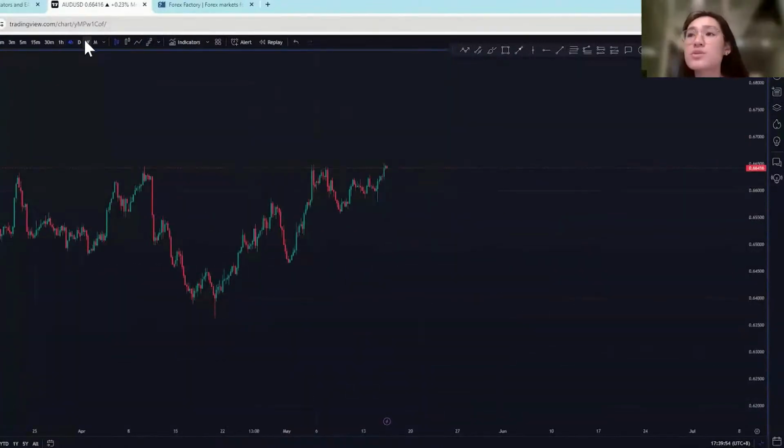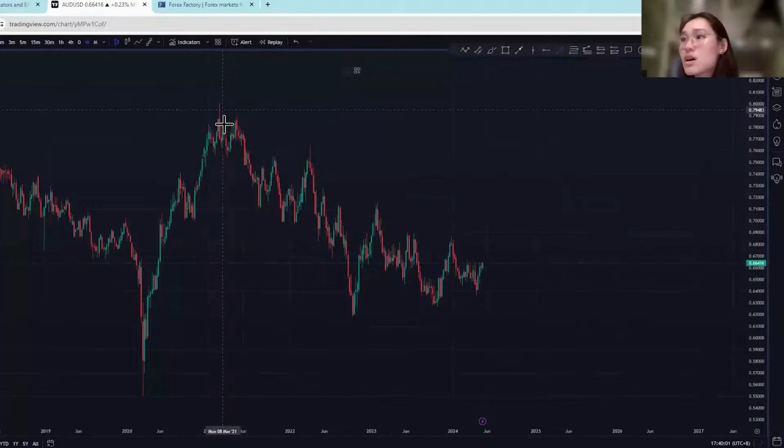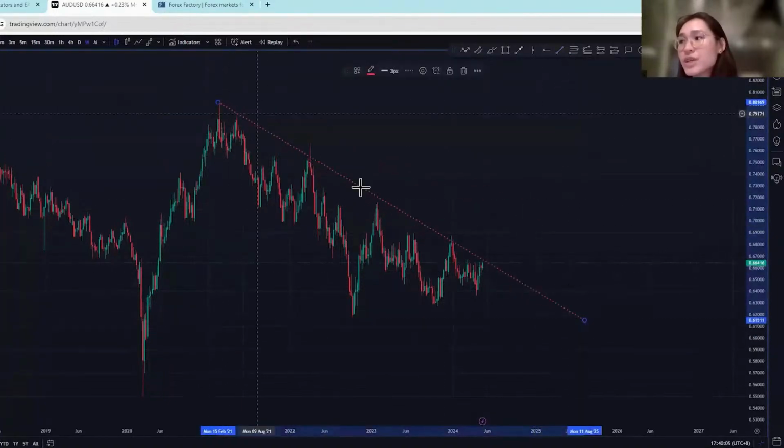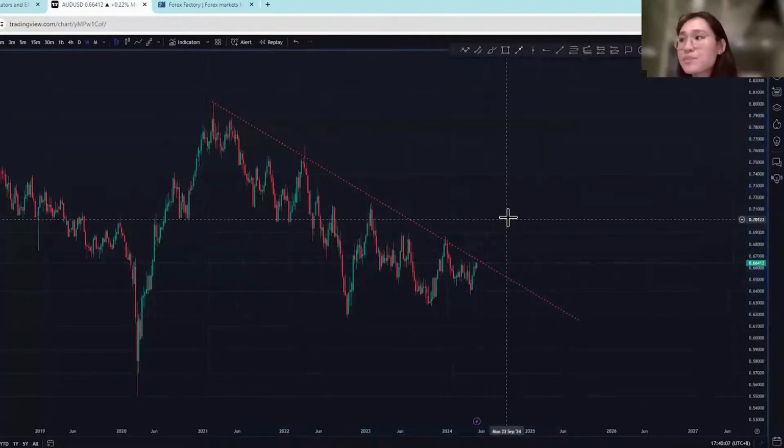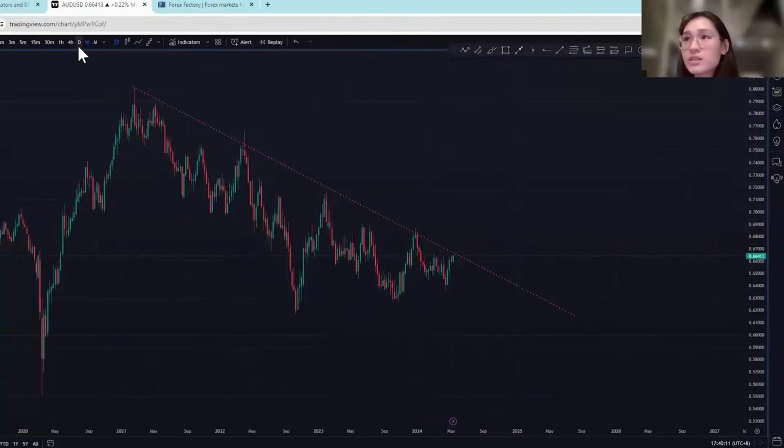Okay, so I like to start off on our weekly time frame so that we get an idea of where prices are headed towards. Now, on our Aussie dollar, you see prices moving in this descending trend line. And you can kind of see price approaching the trend line again.